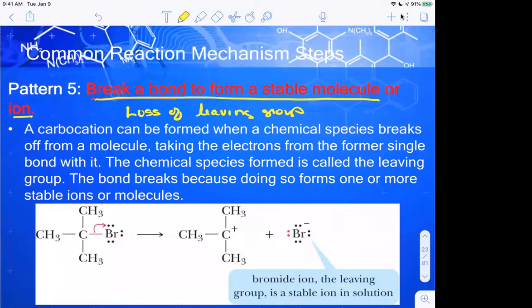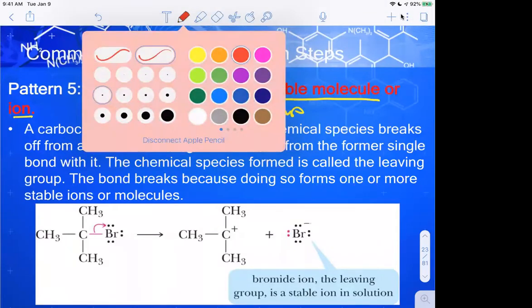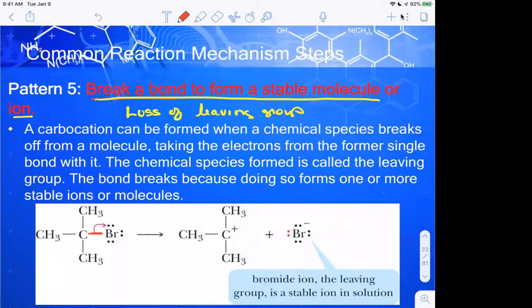If I look at this particular reaction, this entire bromine actually just leaves. This bond breaks, those electrons go on the bromine, and I form this bromide ion. But what I get is a very stable carbocation. This is very stable as an intermediate.